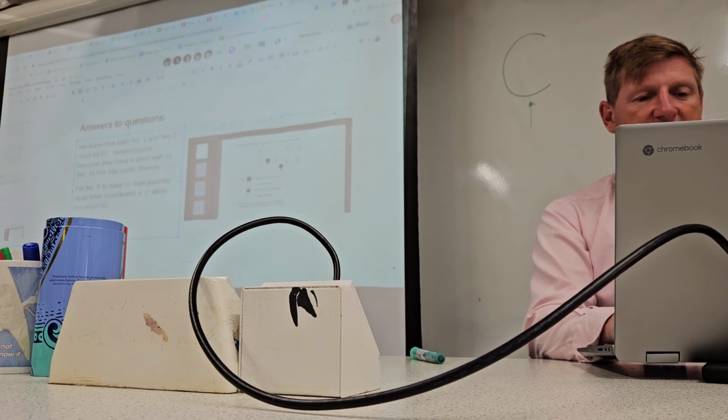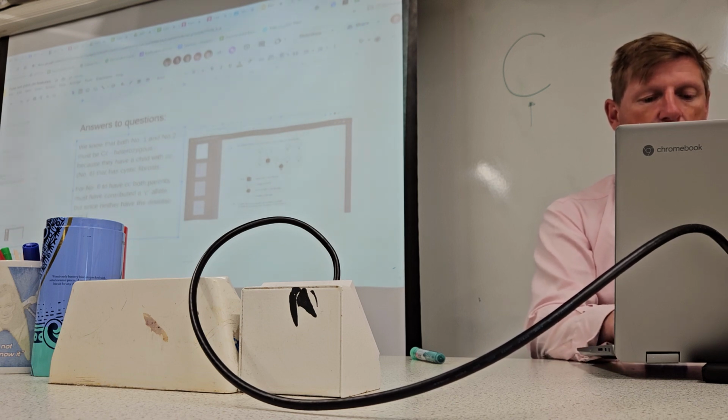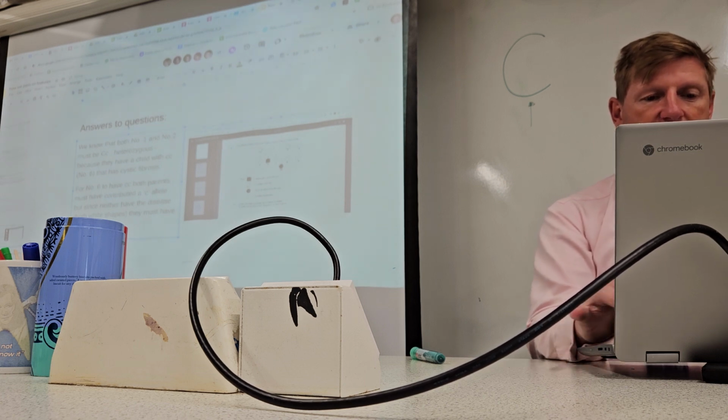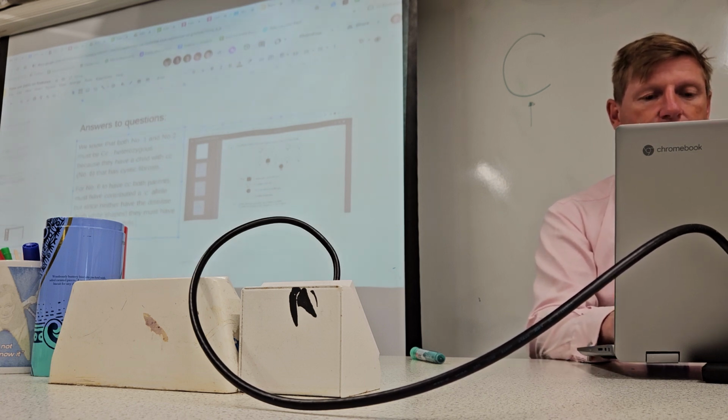But since neither have the disease, both white shapes, they must have the dominant big C allele present.